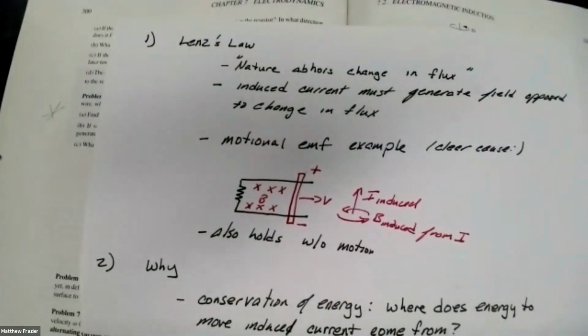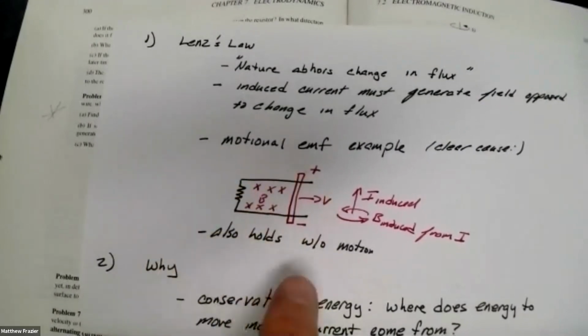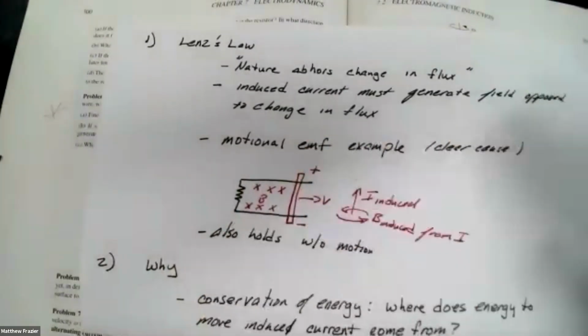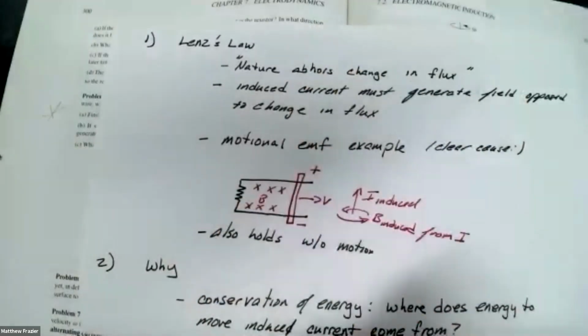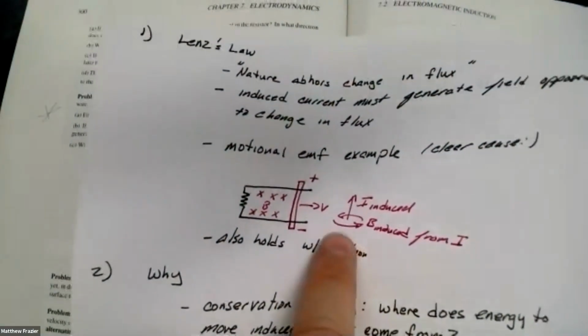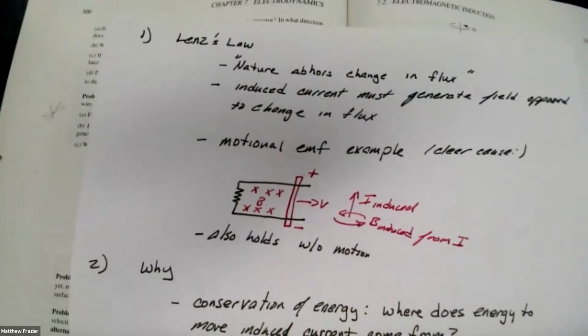But if we looked at it from the point of view of the current flowing through the circuit, we had a current that was flowing up in the bar and then counterclockwise through the rest of the circuit. And if you did the right-hand rule for that, your thumb is the current, and you're grabbing. What you realize is that there is an induced magnetic field from that induced current.